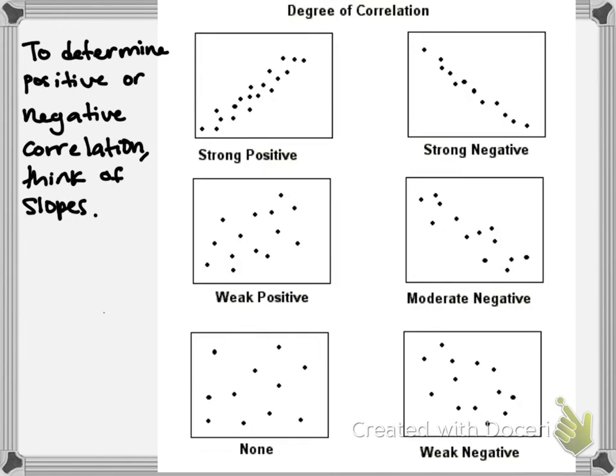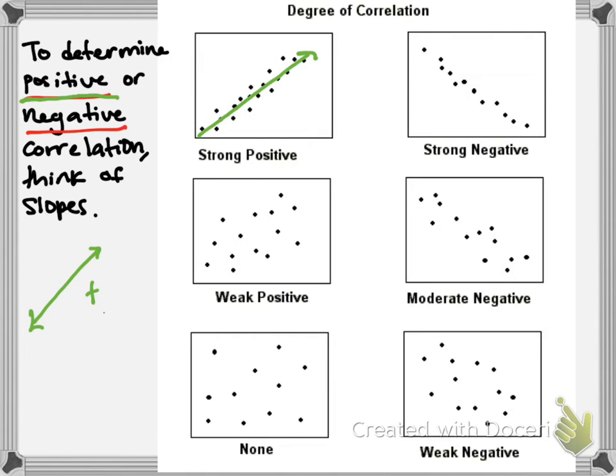All right, when we think about correlation, we want to determine if something has a positive or a negative correlation. So we want to think of slopes, right? If something is an uphill line, that's a positive slope. So here is a strong positive correlation.